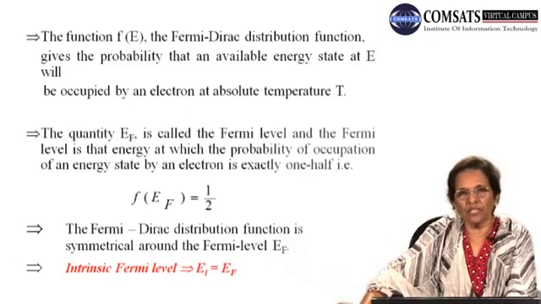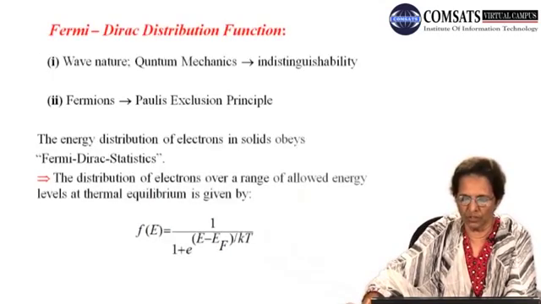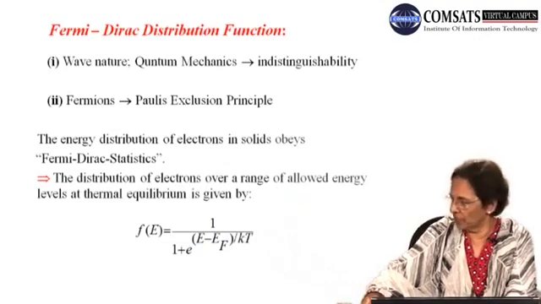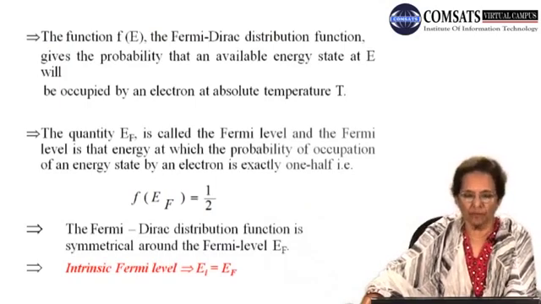What is EF? As you see in this equation, E is any energy which we can choose. EF is a special term which is termed the Fermi energy. Let's understand this Fermi-Dirac distribution function.